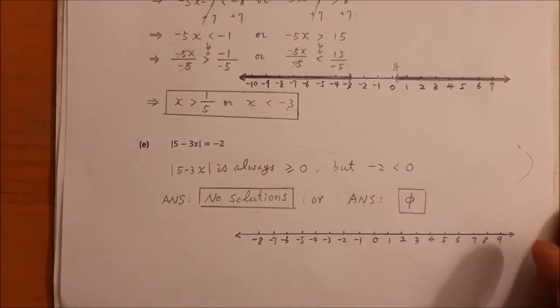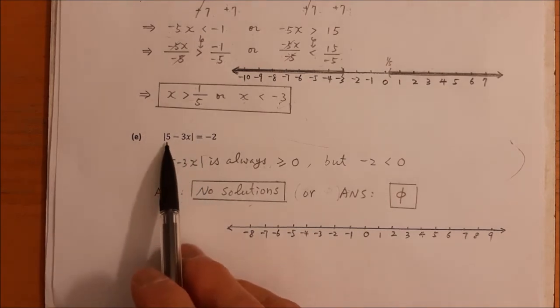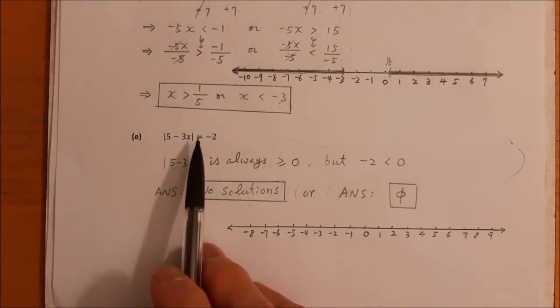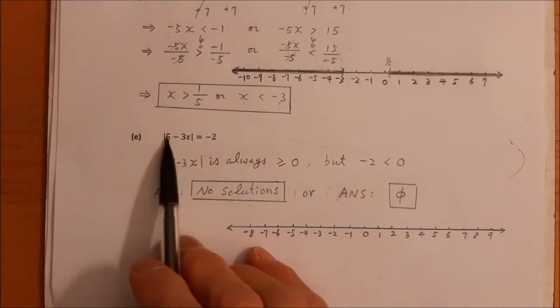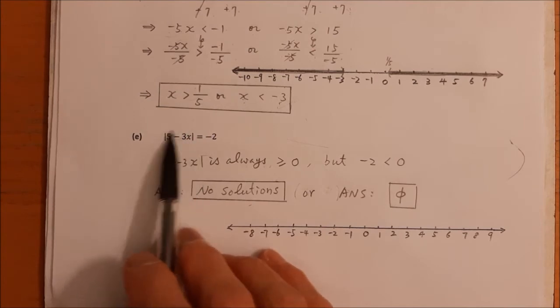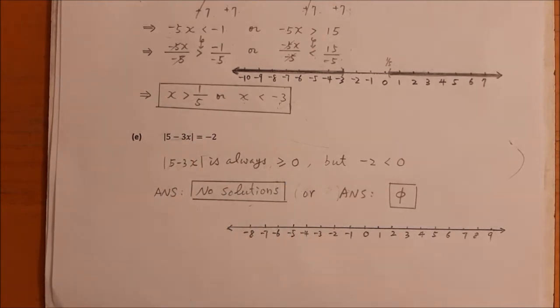And E, the absolute value of 5 minus 3x equals negative 2. Every number you take the absolute value of is always positive or 0, never negative.